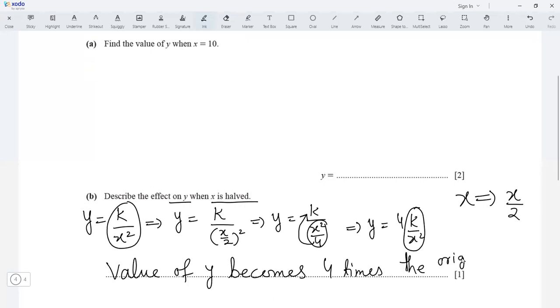If there is a different kind of question, like for direct proportion or any other question, you just put the correct value of x.